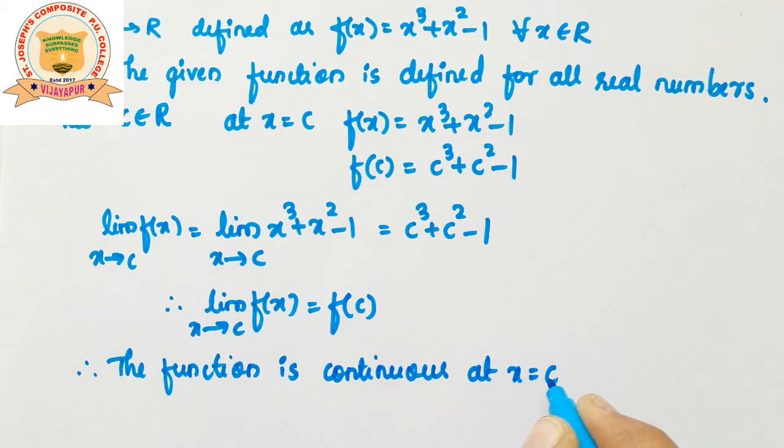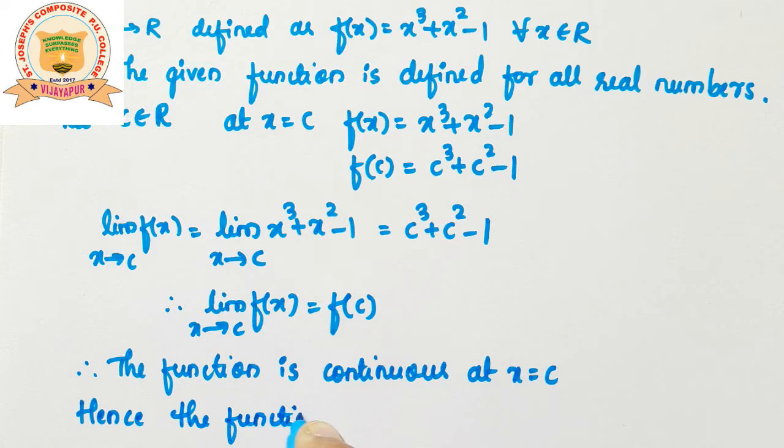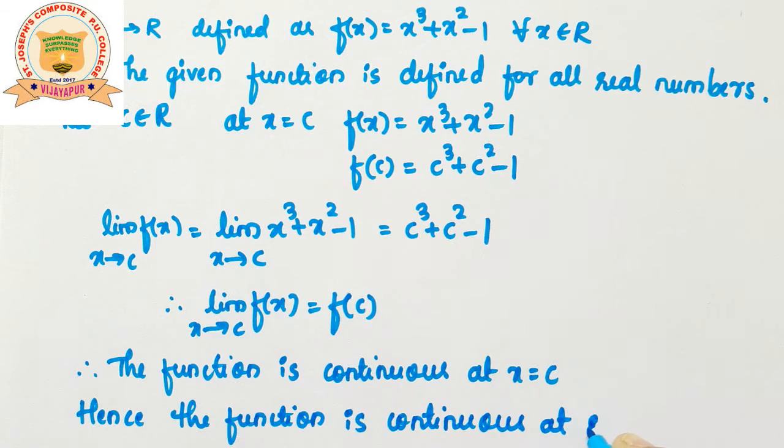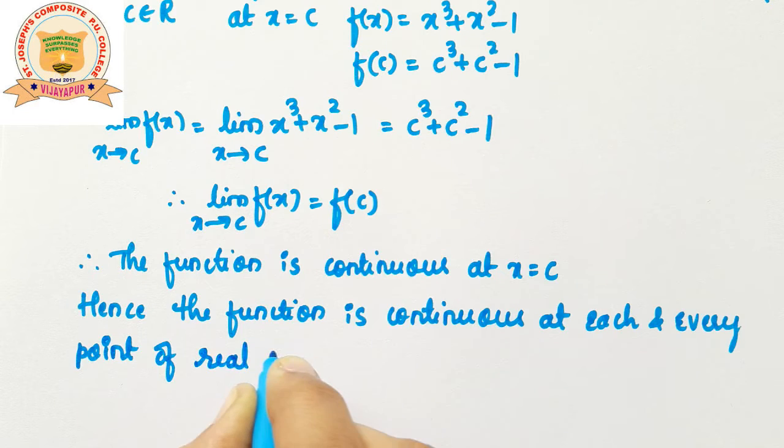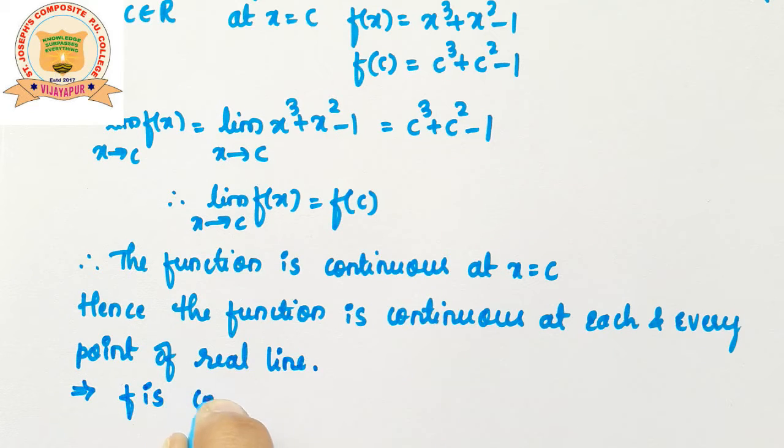Here c is any real number, hence the function is continuous at each and every point of the real line. This implies f is a continuous function.